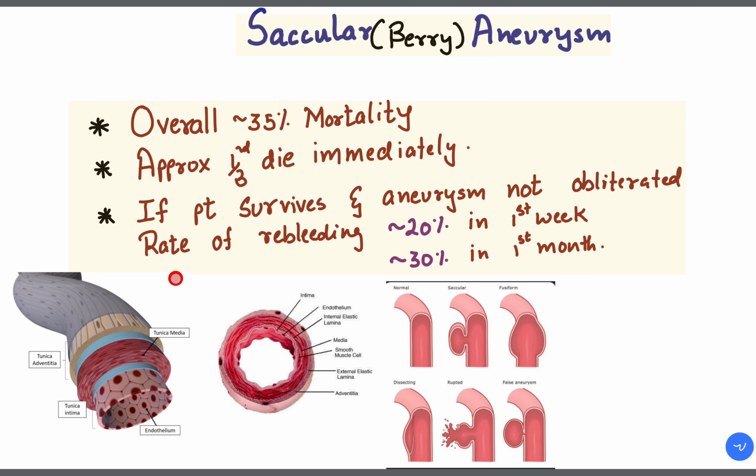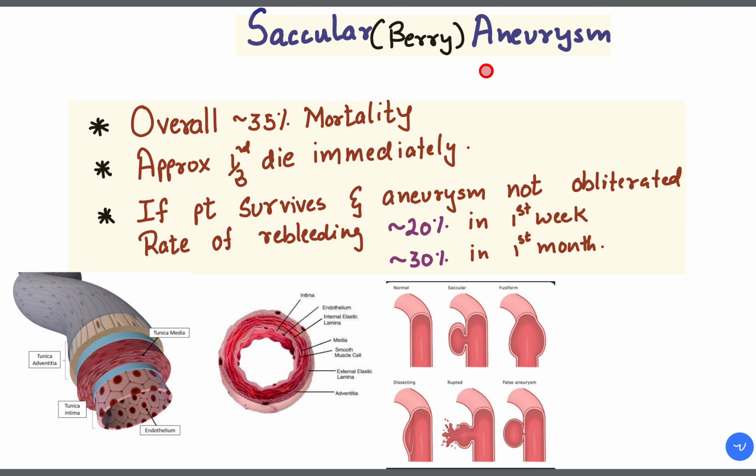Here I have tried to show the various layers of an artery. The innermost layer is the endothelium. Outside it is the internal elastic lamina. Outside of it is the tunica media, which is the muscular layer. Outside it is the external elastic lamina, and finally the tunica adventitia.